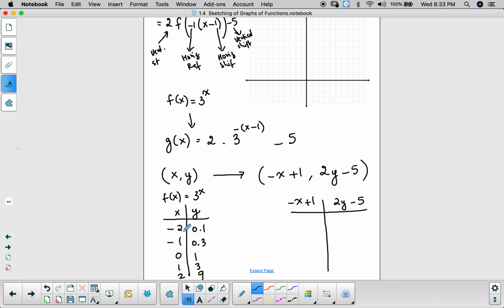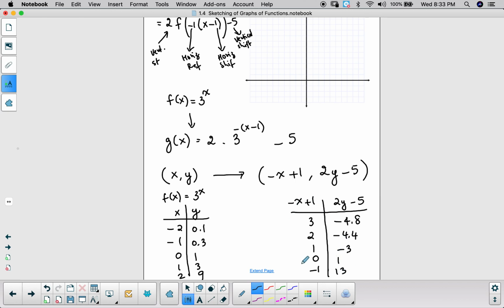So you get 3 here and -4.8. You get 2 here and -4.4. Then 0 becomes 1, and this value becomes -3. And then for 1 and 3, you get 0 and 1. And for 2 and 9, the points become -1 and 13.